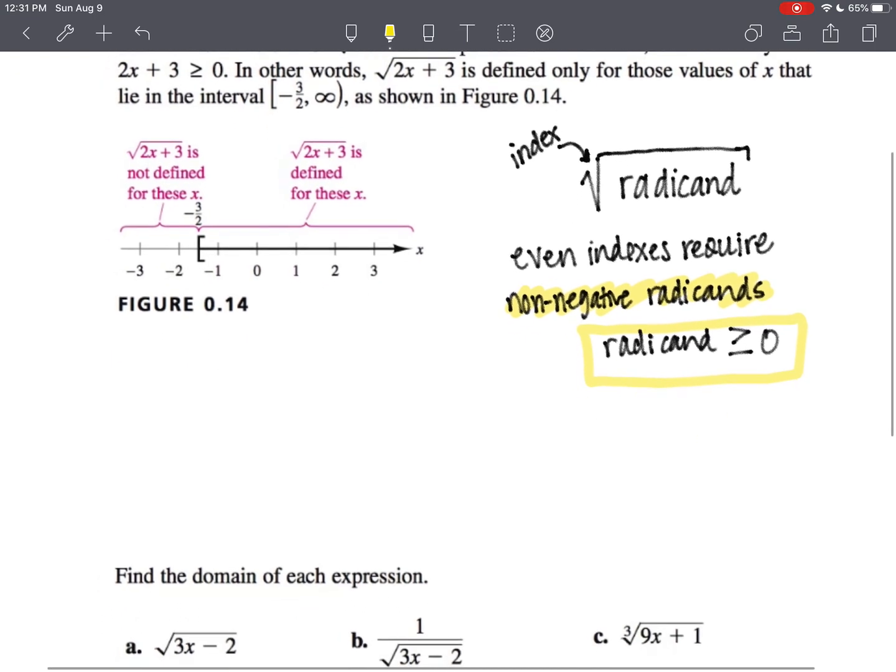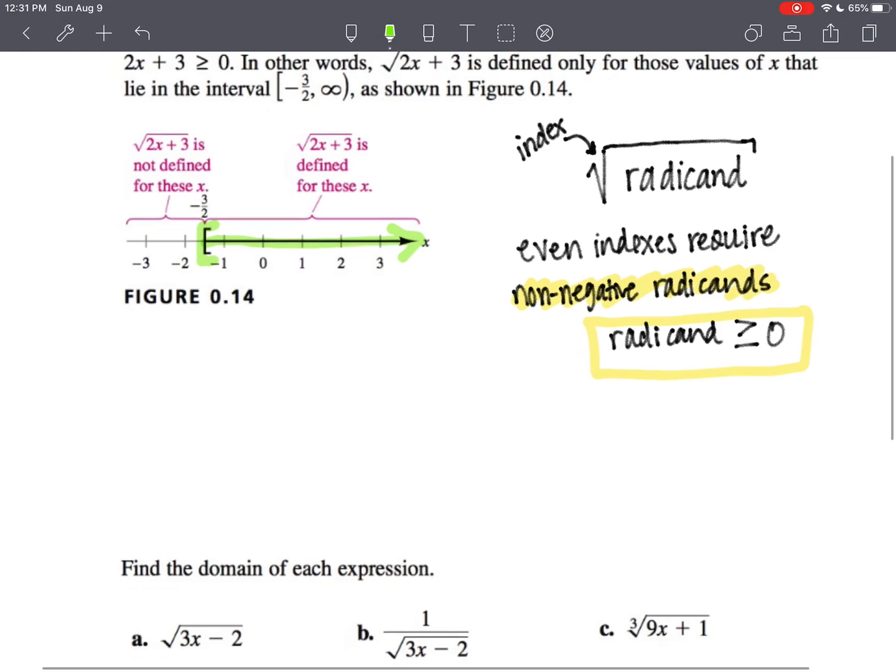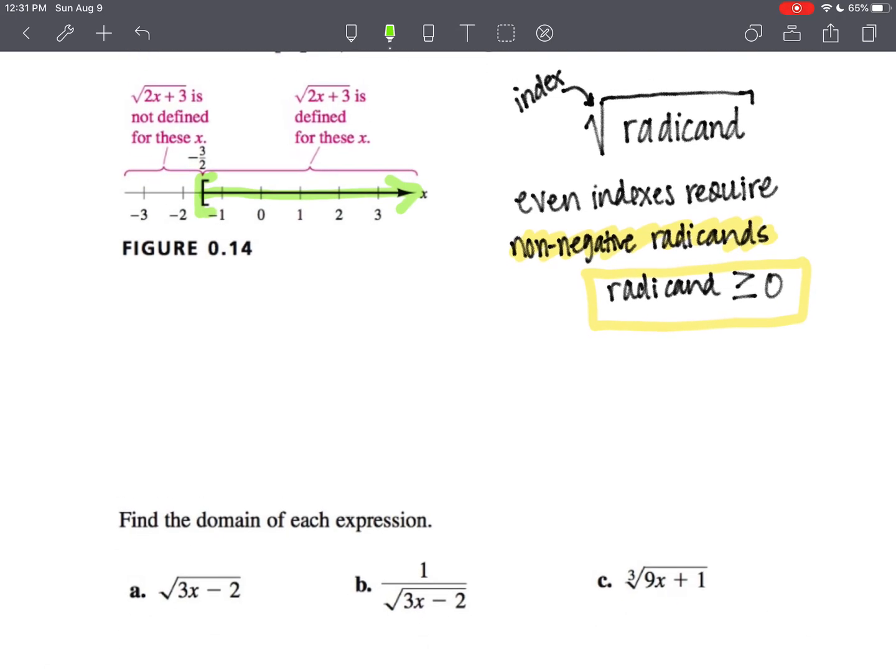Okay. So how did they get the solution set? How are they getting this solution set of negative 3/2 to positive infinity for all the numbers that define that expression? Well, they did exactly what we just said. They took the radicand and set it greater than or equal to 0 so that it was non-negative, and then they solved.